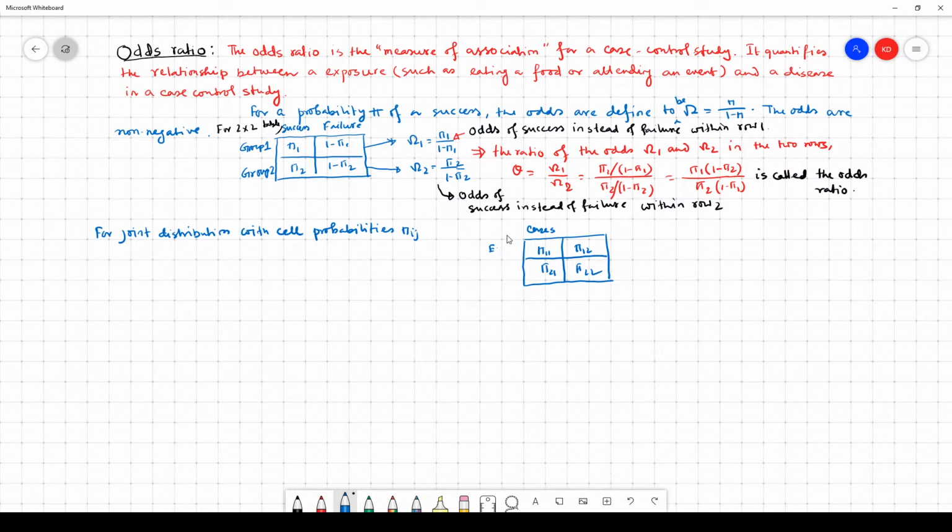Suppose I consider ice cream, then these are exposed, that means if you eat ice cream, then this is the case, and this is control, and this one is not exposed, that is, did not eat ice cream.